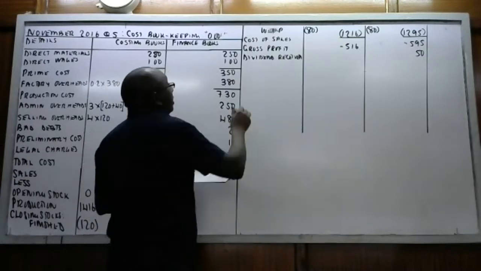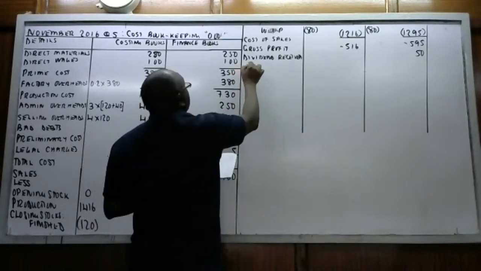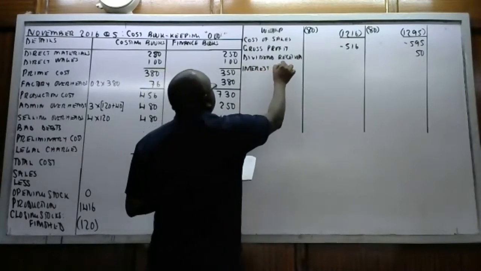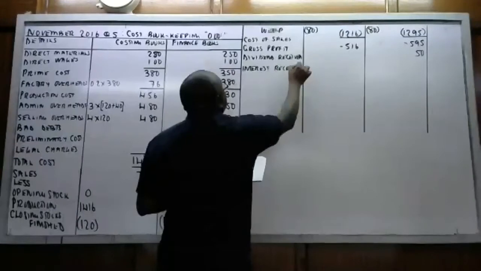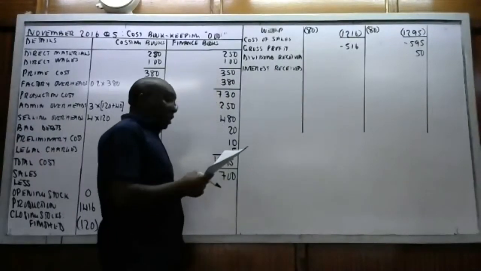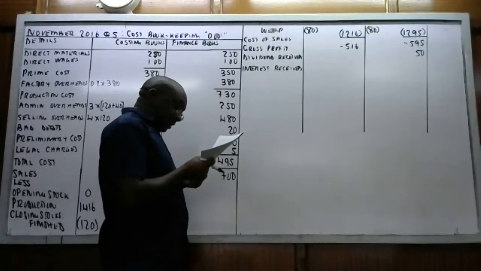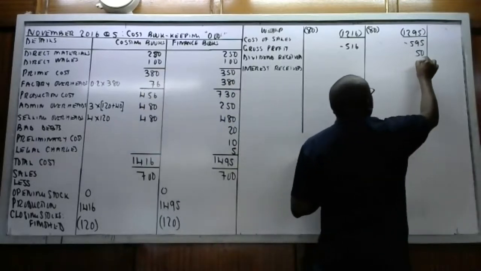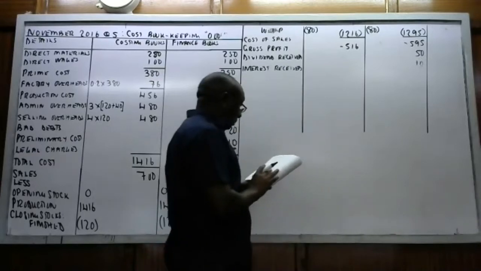The next one is interest received. Interest received, it only appears in finance. 10.